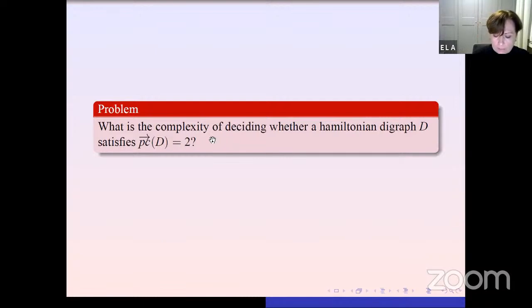What is the complexity of deciding whether a Hamiltonian digraph D satisfies that the proper connection number of the digraph is equal to 2? We know from a previous result that for all digraphs, it is a complete problem. Does this problem remain complete for Hamiltonian digraphs?